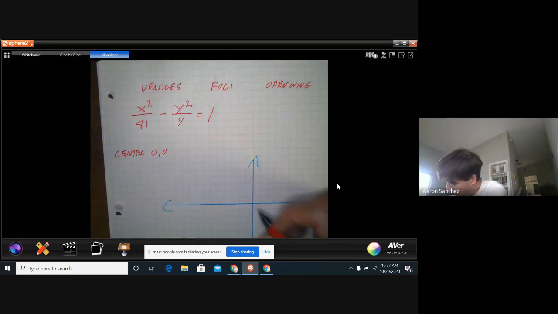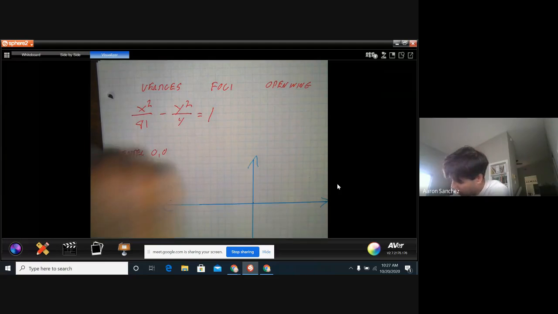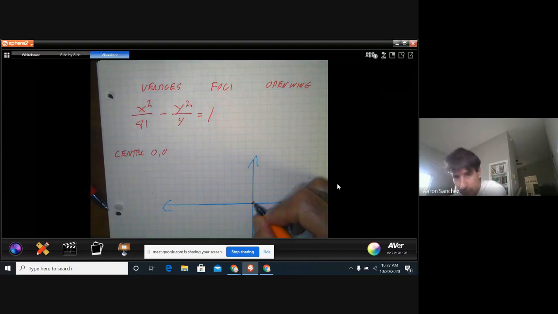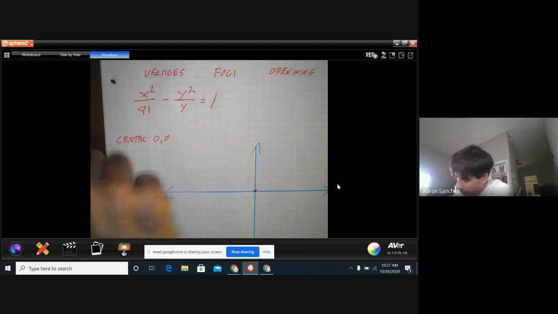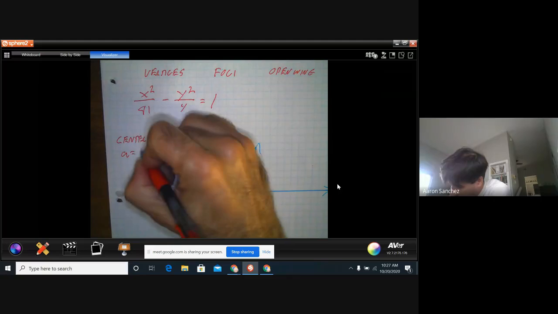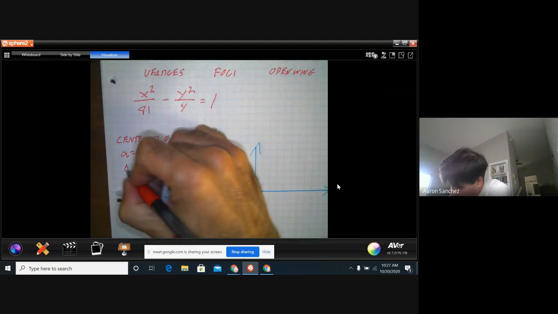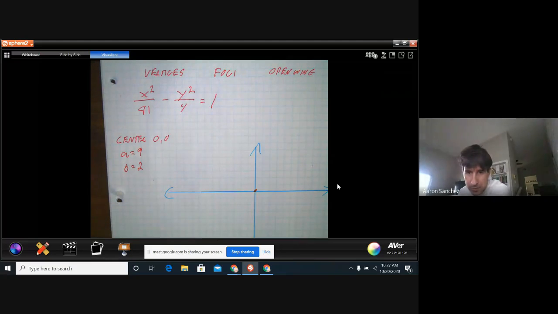I'll make it orange because my graph is going to be red. There's my center, 0, 0, like Camilo said. Now, my A is 9. My B is 2. Got it? So I'm going very slow here.